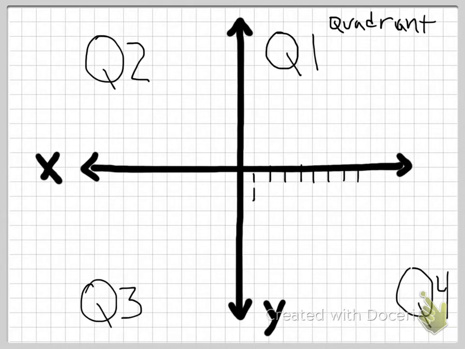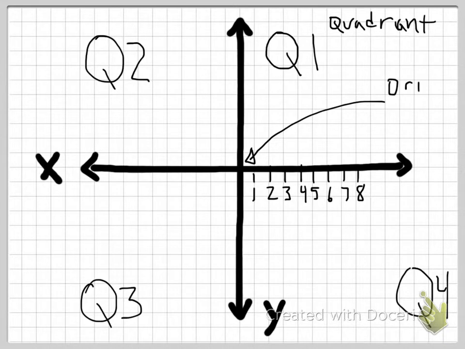This would be number 1, number 2, number 3, number 4, number 5, number 6, number 7, and number 8. Now, you don't see a 0 written, but there is a 0. The 0 would be right where the two axes meet. And this has a special name. This is called the origin. So there is a 0 in there. It's right there in the origin.